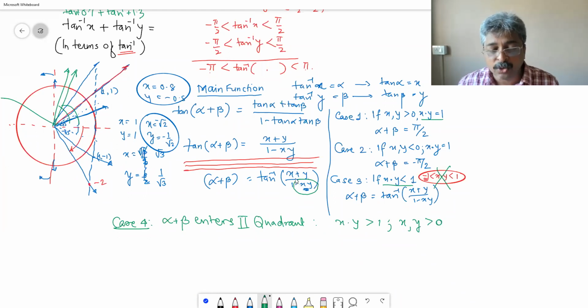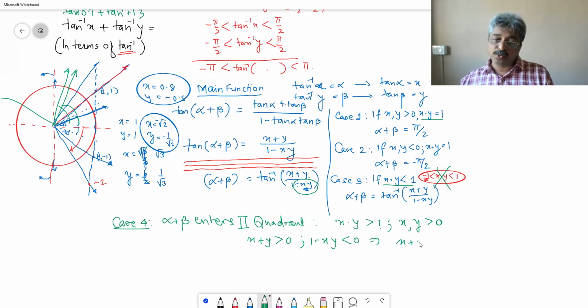Now we get back to the original main function and check x and y both are positive. So the numerator is positive. And the denominator is greater than 1. That means x into y is greater than 1. That means 1 minus xy is negative. So x plus y is greater than 0, and 1 minus xy is less than 0.